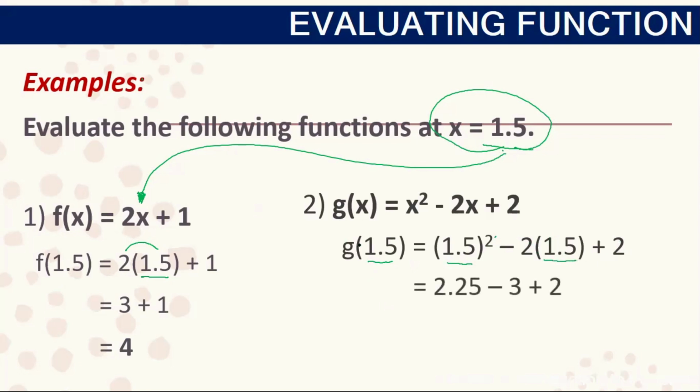Simplifying, 1.5 raised to 2 is 2.25. 2 times 1.5 is 3. Then just copy 2. Simplifying, apply the PEMDAS rule. 2.25 minus 3 plus 2. The final answer is 1.25.